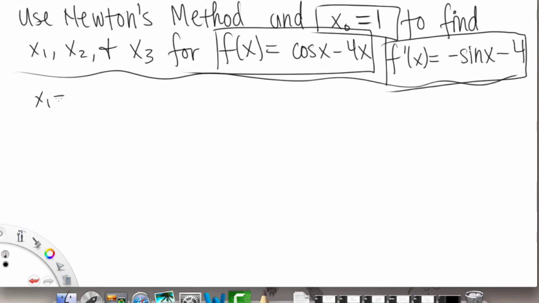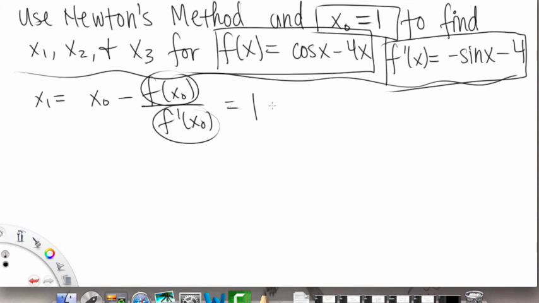So x sub 1 is equal to x naught minus f of x naught over f prime of x naught. x naught is given as 1, so we plug in a 1 in both places: 1 minus f of 1 over f prime of 1.